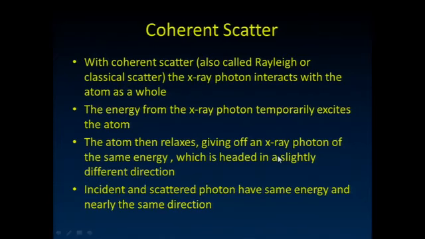So in coherent scatter, this X-ray interacts with that atom kind of as a whole. If you want to almost think of it, it vibrates it to a slightly excited state, and as that atom relaxes back to its normal state, it gives that energy back off, but in a slightly different direction. So coherent scatter changes the direction of the energy, but not by a whole lot.